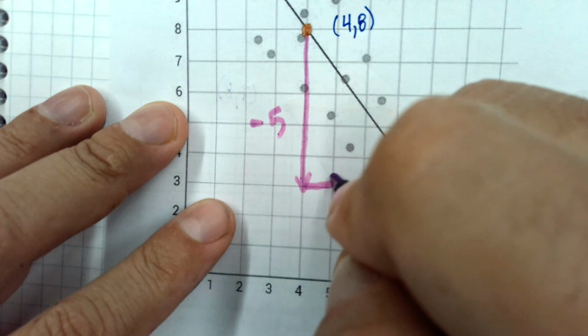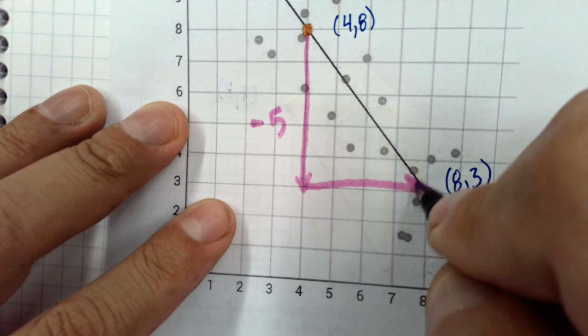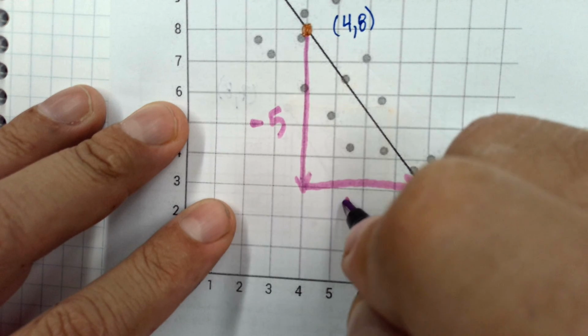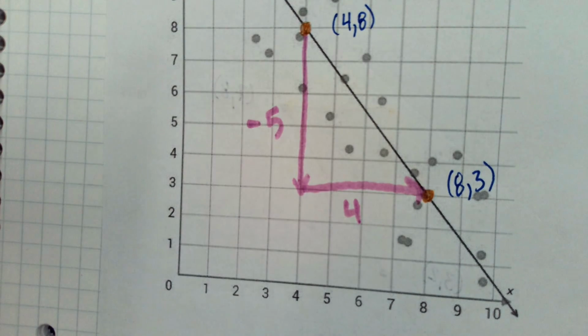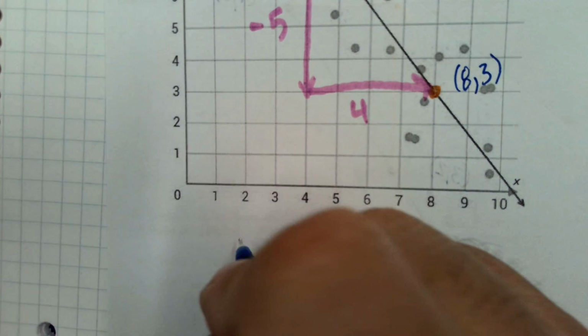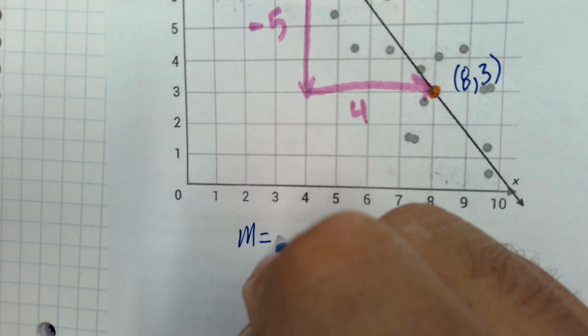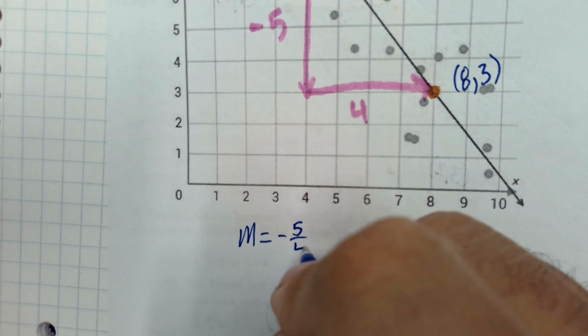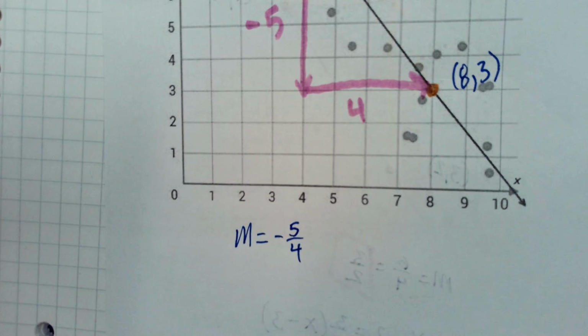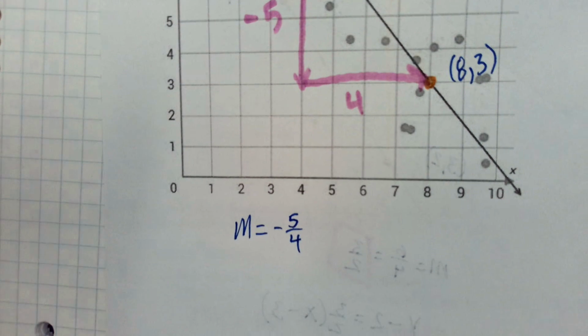We went down 5. And over. So negative 5/4.